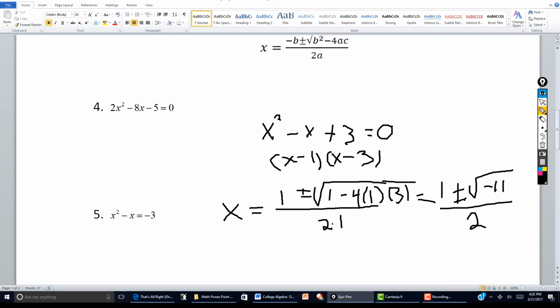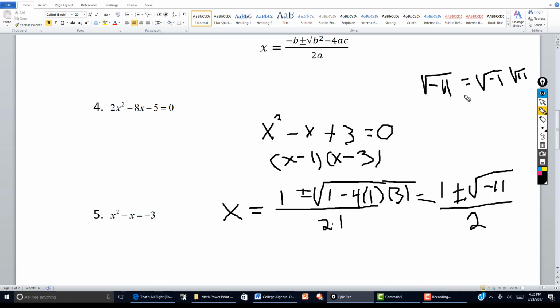Now anytime you have the square root of a negative, that's where you get the imaginary or the complex number. Okay, so this square root of negative 11 can be written as the square root of negative 1 times the square root of 11.